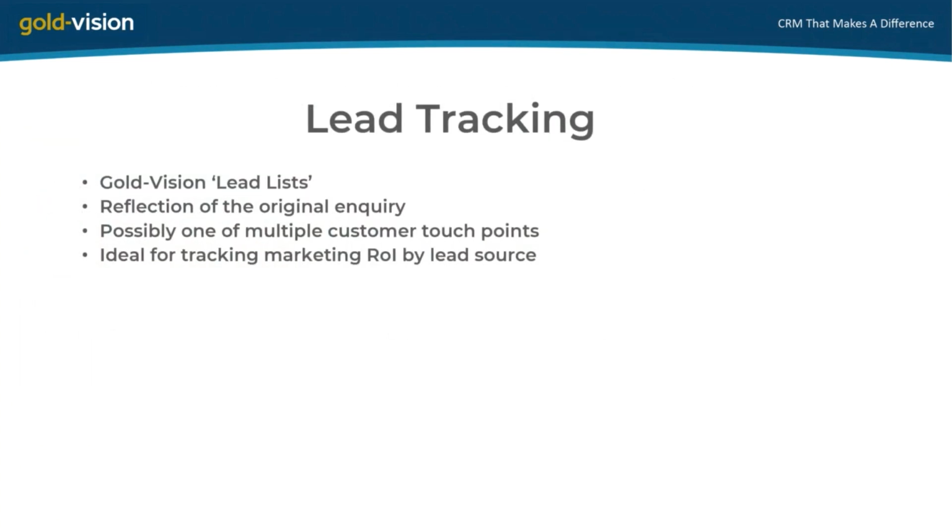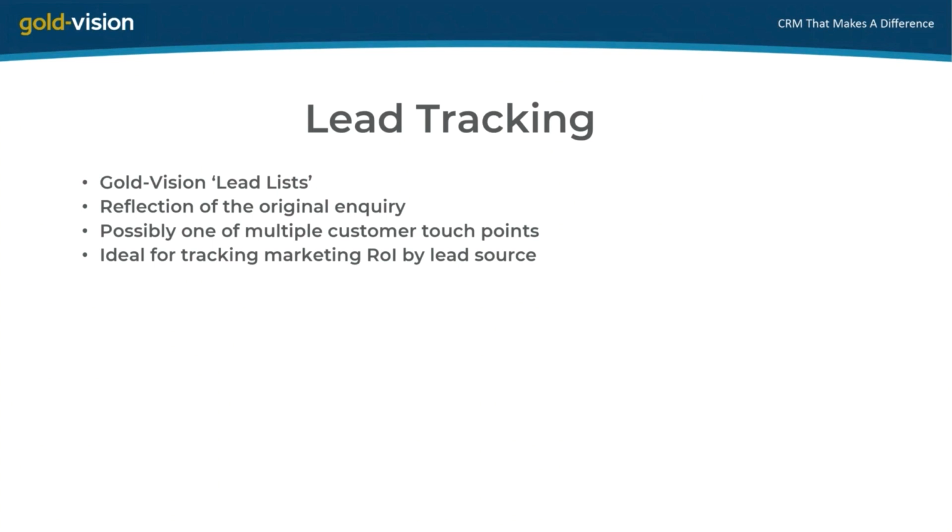Lead tracking in GoldVision is done via lead lists. So as I said, you may want to track different lead lists differently. You may want to capture specific information depending on which lead source you're using. From the original inquiry, the data that you capture when promoted can carry through against the company and the organization as you continue to work with them.